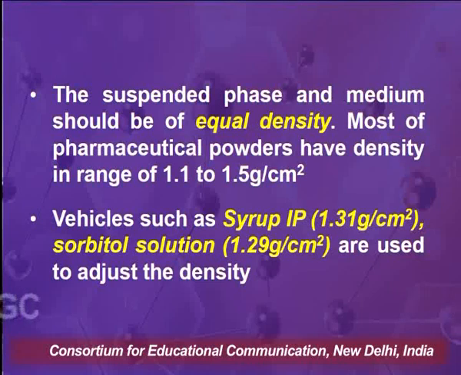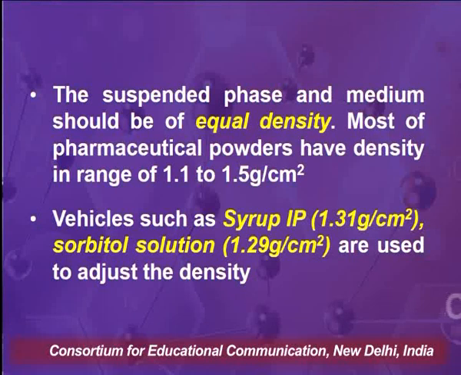So, when we have a narrower density range of different solid drugs, it becomes very important that some adjustments can be done by right selection of the dispersion medium. If we need to tailor or alter the density of the system, then the right thought process should be put into the selection of the dispersion medium.